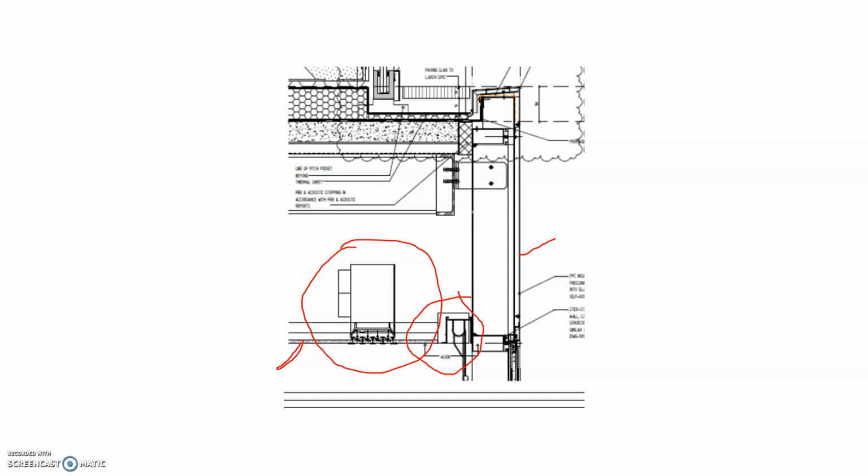This is the mullion line, and this is the transom. Again, this is an SSG system, so it's not a cap system. We have coping here, a fire barrier between the floor slab, and then the balustrade detail here.